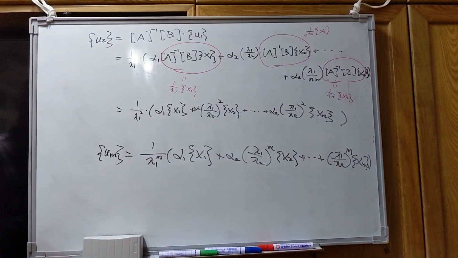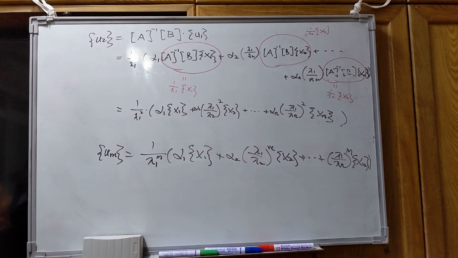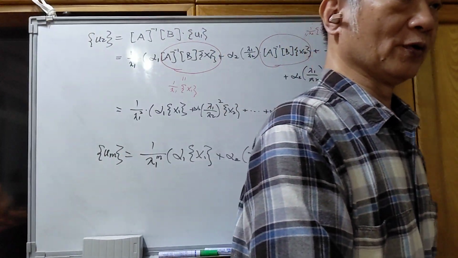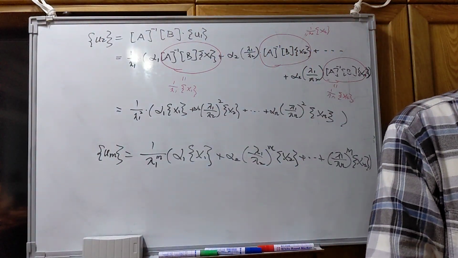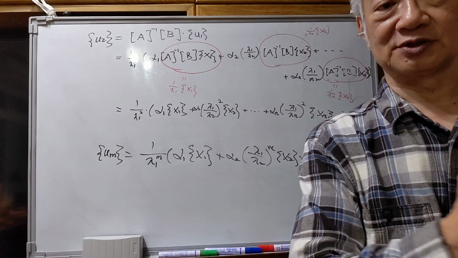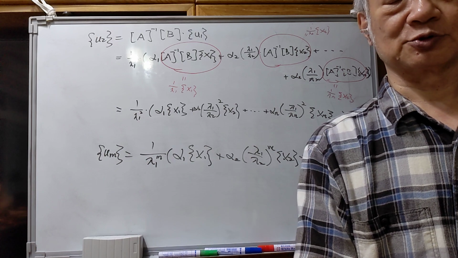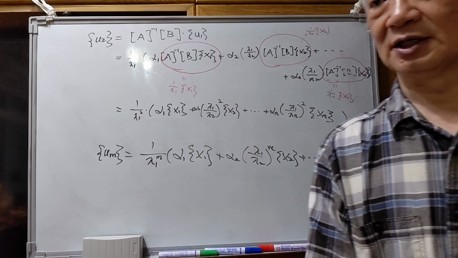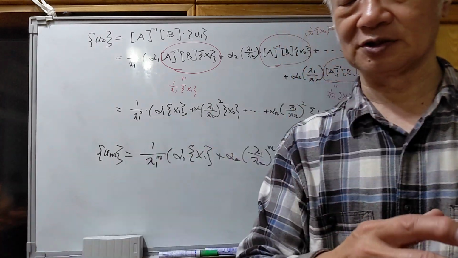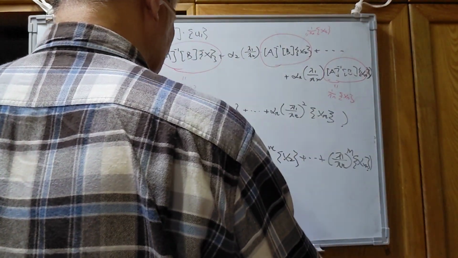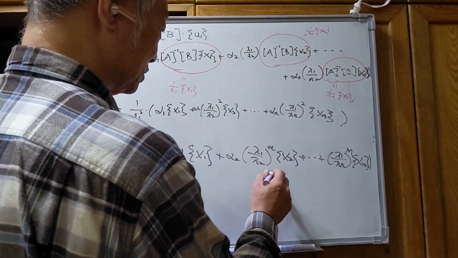Okay, and also by the definition, the lambda 1 is always the eigenvalue with the minimum absolute value, and the absolute value of lambda 2 will be greater than lambda 1, and lambda 3 is greater than lambda 2. So we know all these ratios are less than 1.